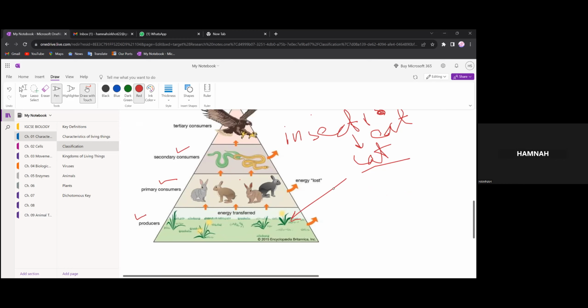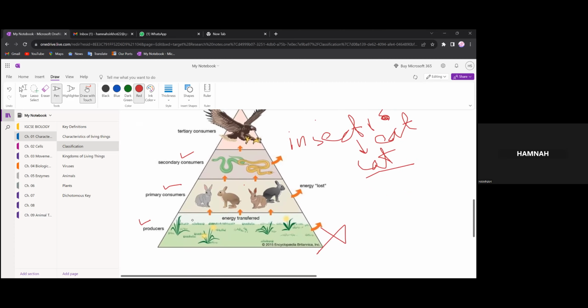Do cats make food for other animals? No, they don't. So a cat cannot be a primary consumer. Is the cat eating grass? Does the cat eat grass? No, it doesn't. So it's not a primary consumer either.